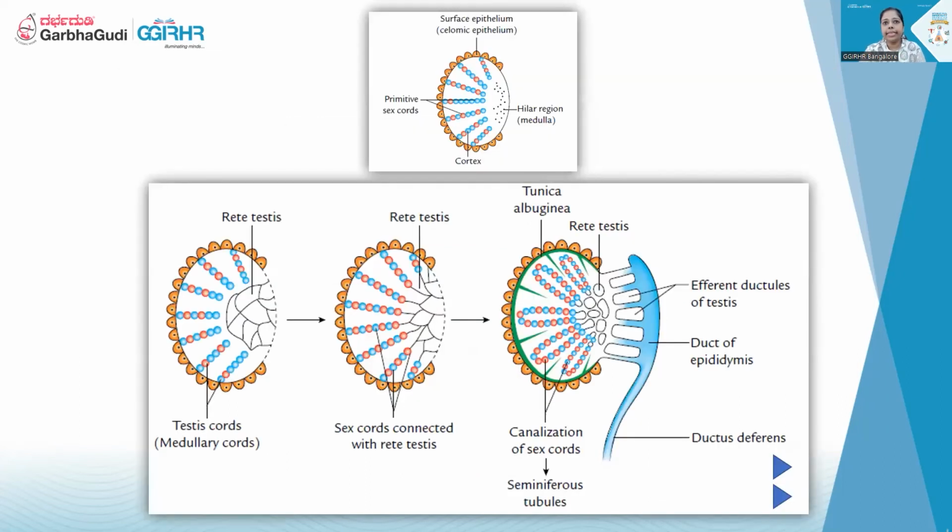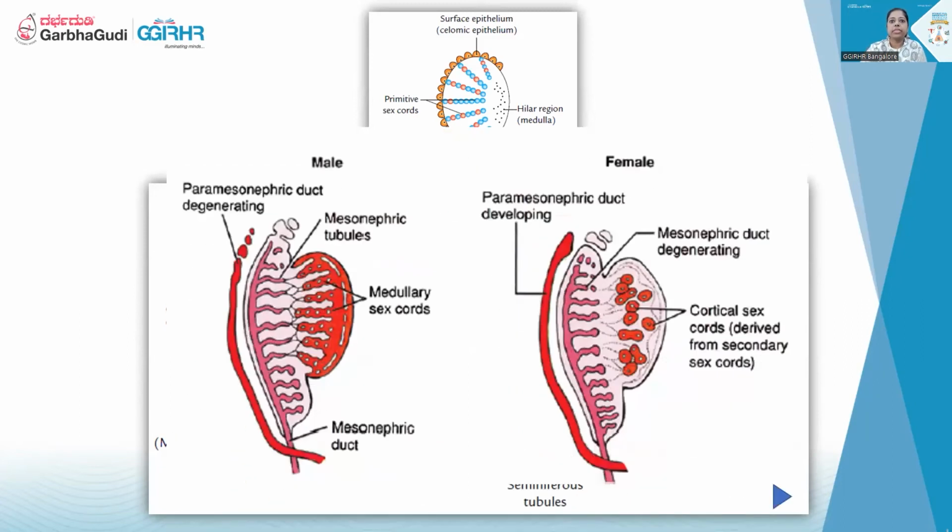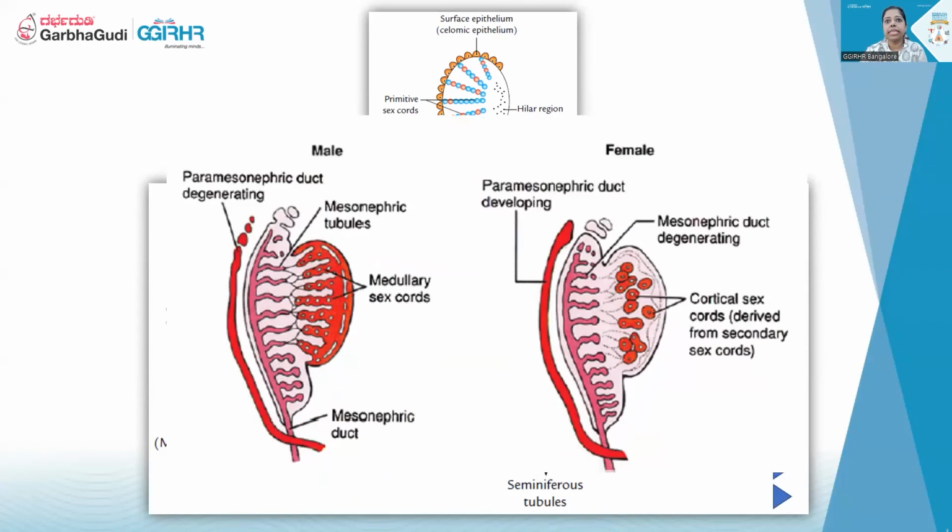In the testis, the primitive sex cords, the medullary cords, in males form the seminiferous tubules, and at the end of the 16th week they undergo canalization and drain to the rete testis, and the rete testis drains to the duct of the epididymis through efferent tubules, and finally to the ductus deferens. When it comes to females, the paramesonephric duct starts developing, and these medullary cords transform into ovarian follicles.